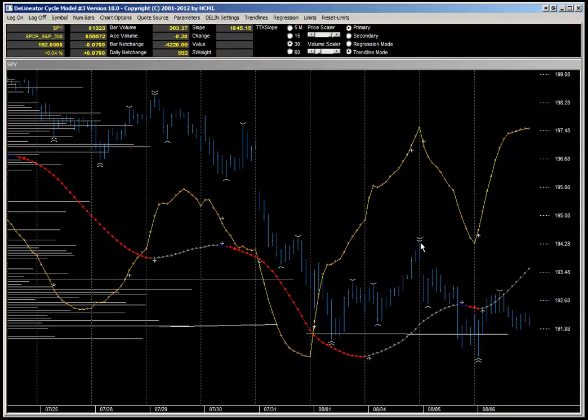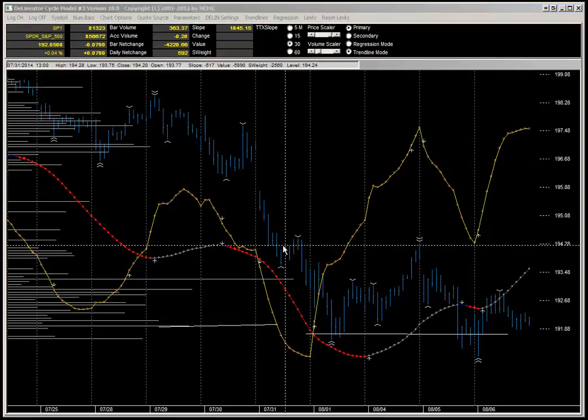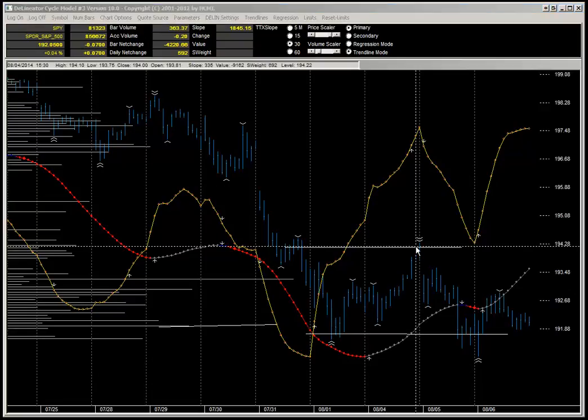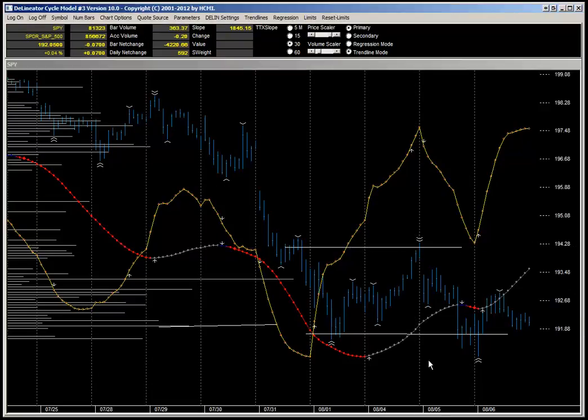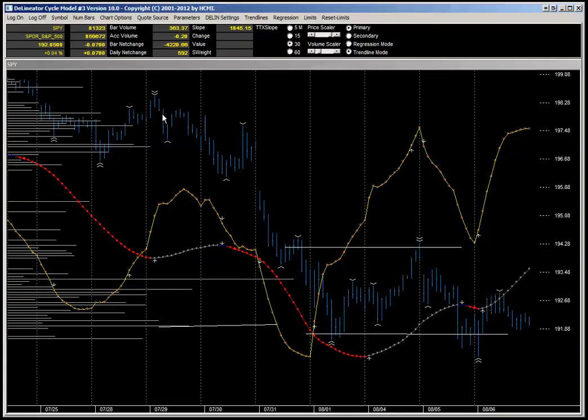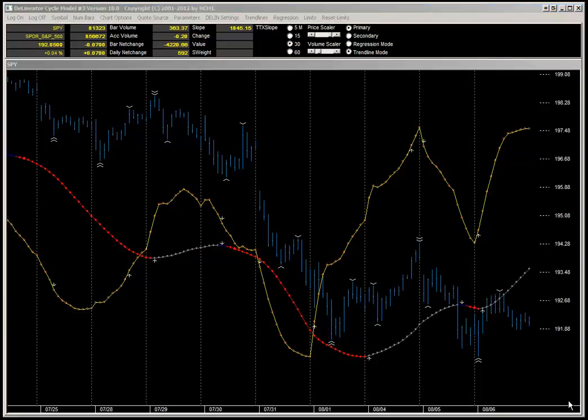So we would connect this double chevron with this single chevron, probably somewhere around there, which is about 194.15. So now we have this range, and we have smaller levels, and all these levels are identified by the chevrons.